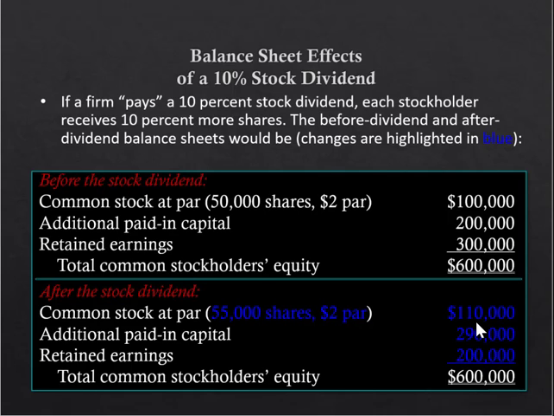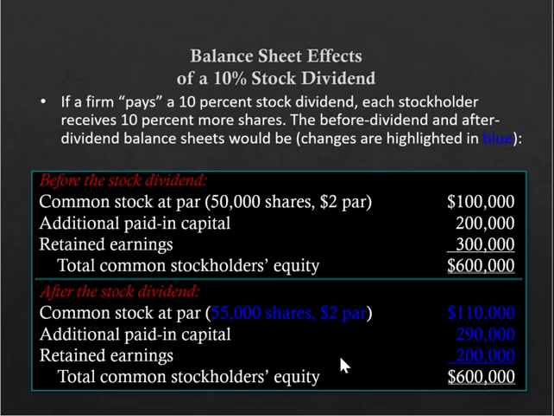So you say, okay, if the stock price is trading at 20, I've got $10,000 of increased par value. I've got an additional $90,000 worth of additional paid-in capital, because that's the difference between the increased par value and the market price.